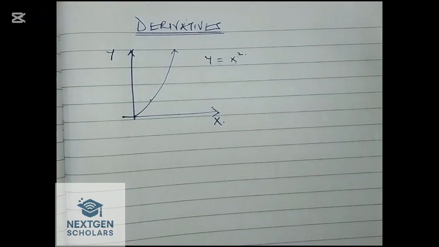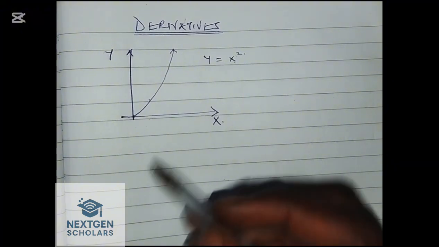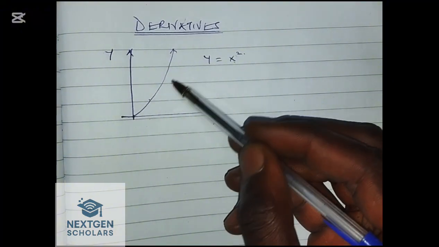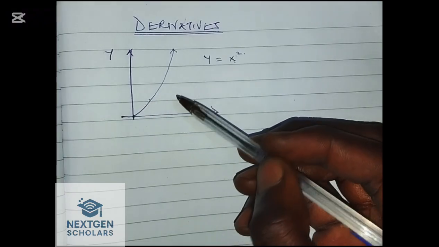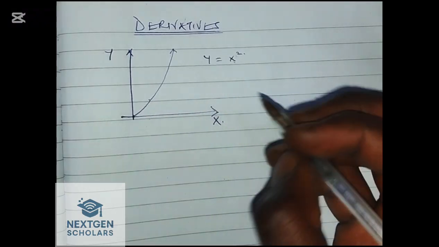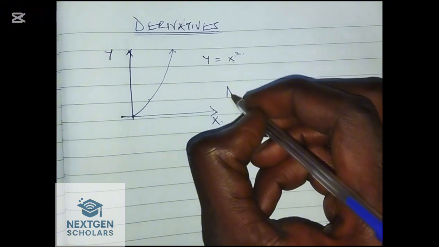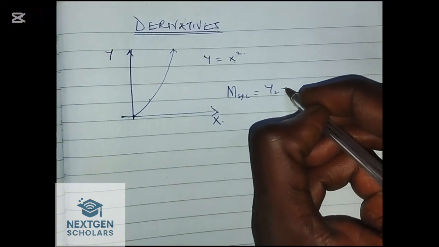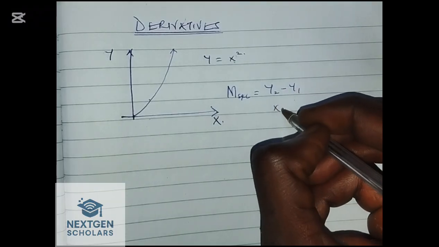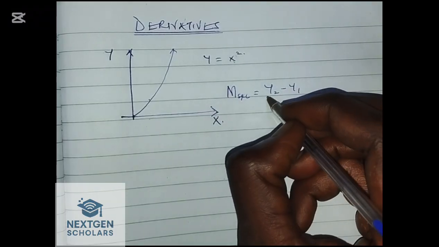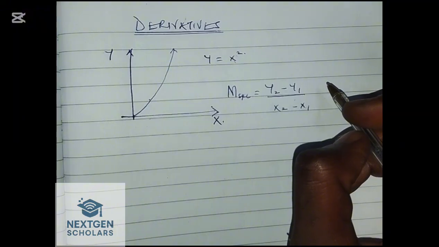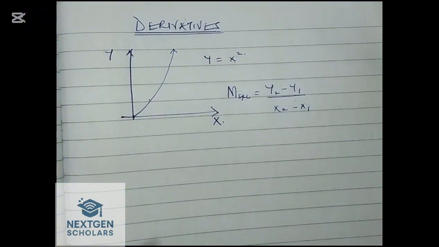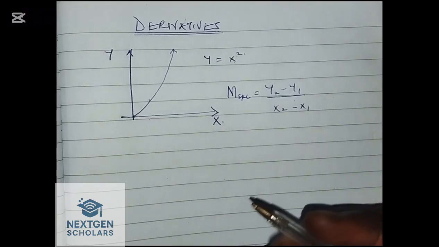Now let us assume that we want to find the slope of this line. We can find the slope of this line using the secant formula, which is y2 minus y1 all over x2 minus x1. Why do we have the secant formula? This is because a secant line is a line that touches a curve at exactly 2 points.